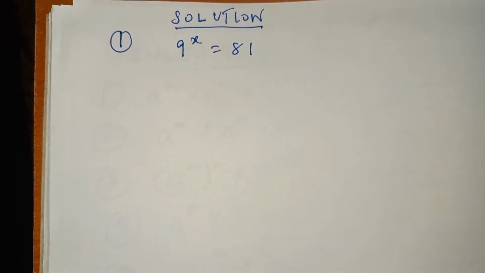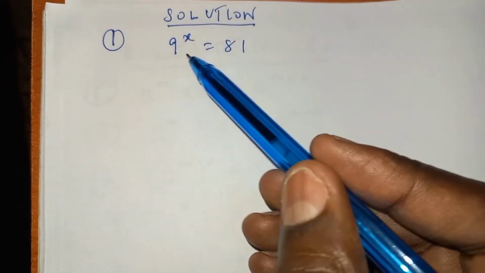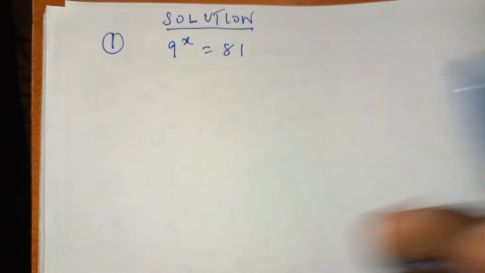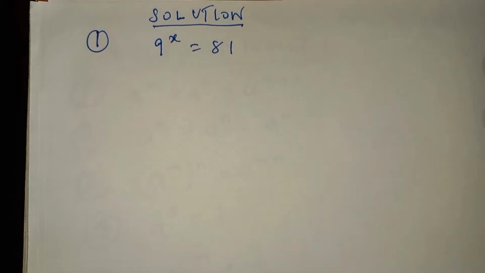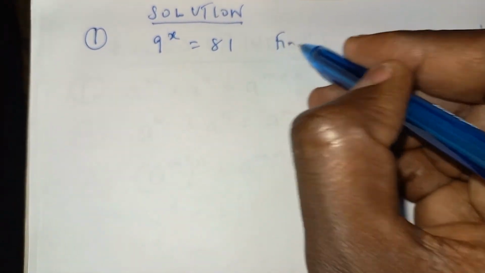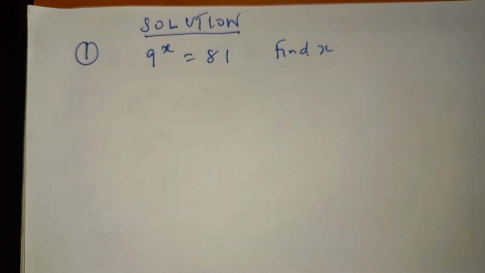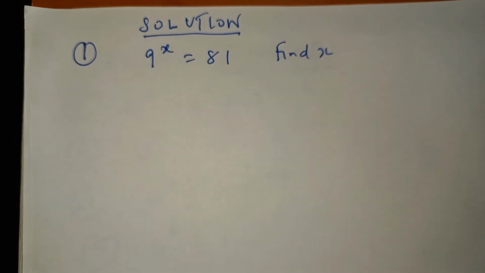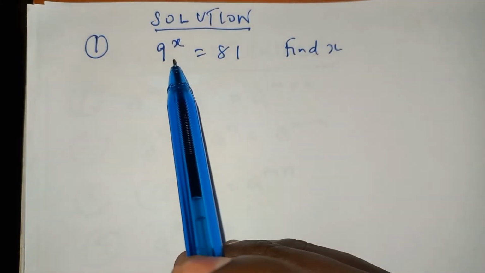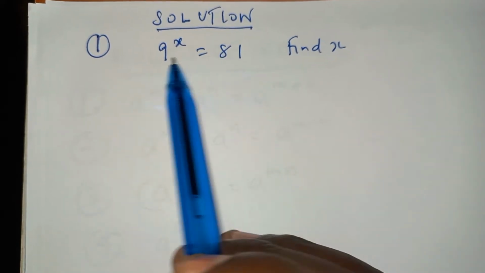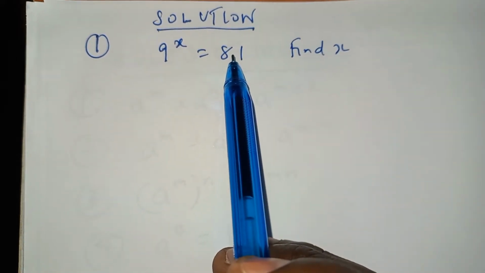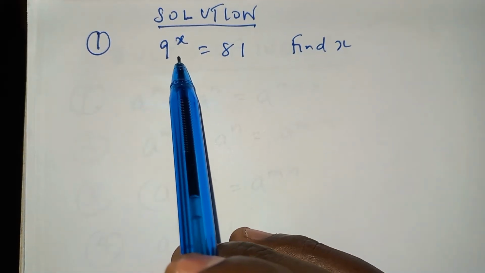Now, problem number 1, 9 raised to power x is equals to 81. So we are supposed to find x. Now, to solve this problem, we will want to see how we can express the right hand side as a power of 9.